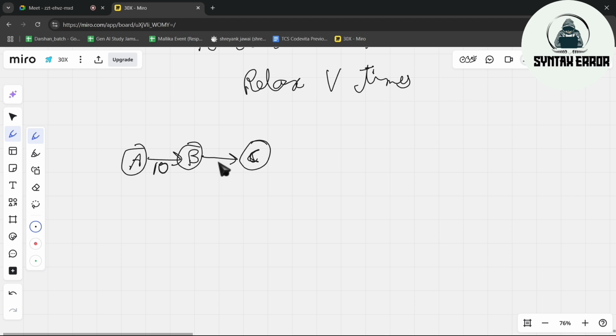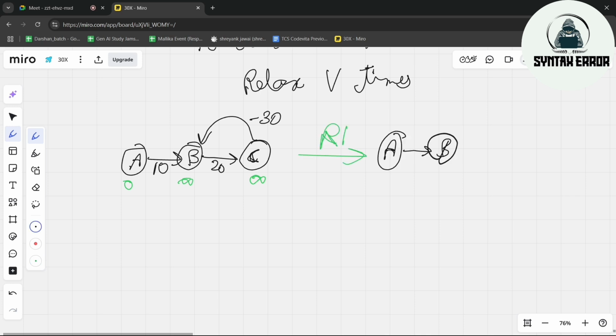So what will we assume? We'll assume the initial distances are 0, infinite, infinite. We'll do the iterations, R1 and so on.